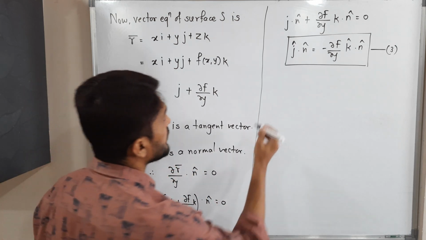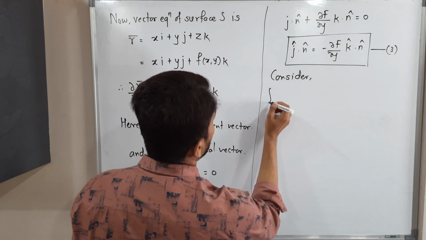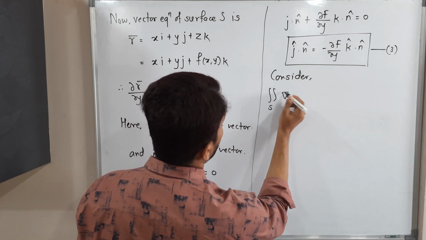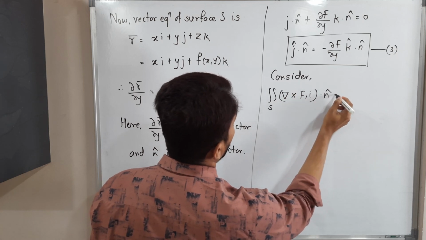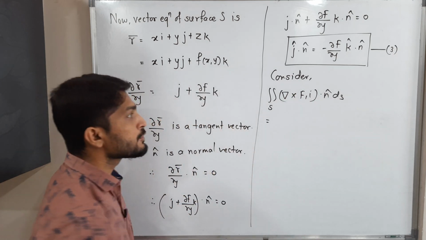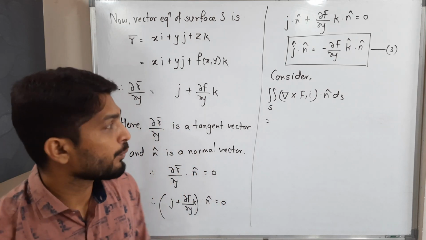So that surface integral, let me write here, consider double integration over S, del cross f1 i dot n cap dS, and the value of this cross product we have already calculated. In equation number 1 we have got its value.